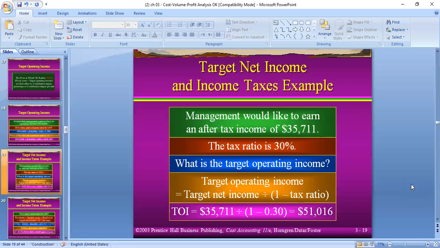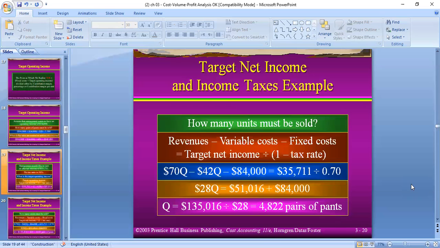If you add the 51,016 to the total fixed cost of 84,000 and divide by 28 or 40%, it gives the quantity and value of the point at which we realize after-tax income of 35,711. How many units must be sold?